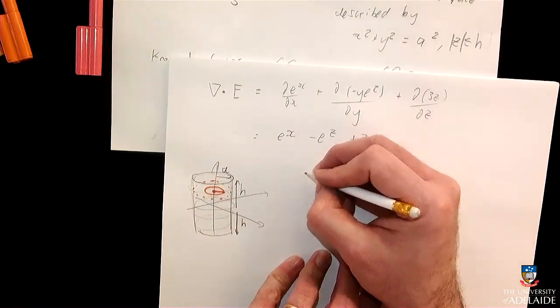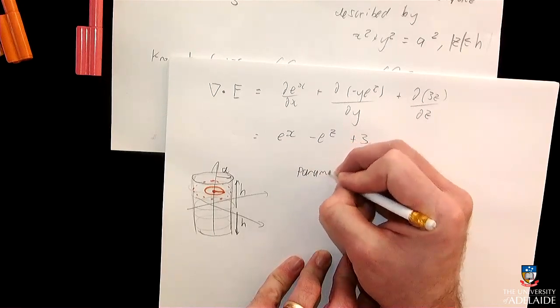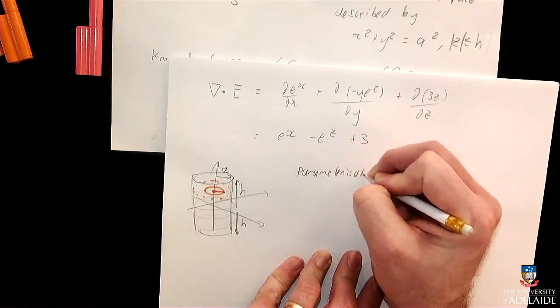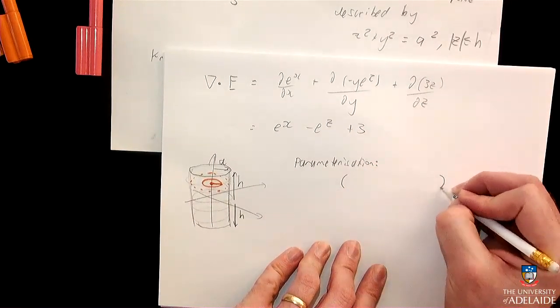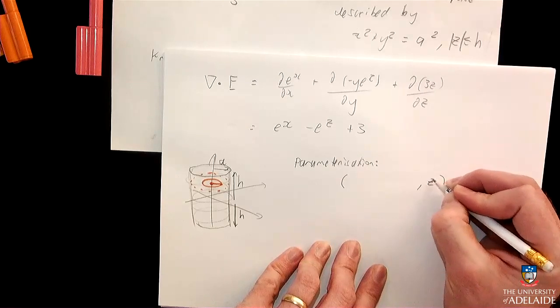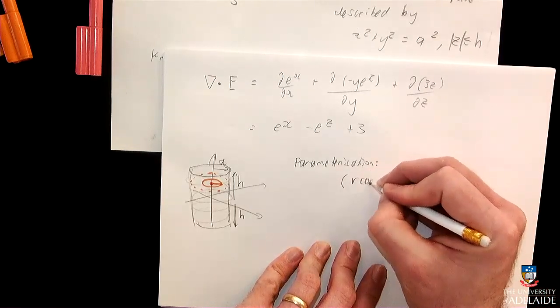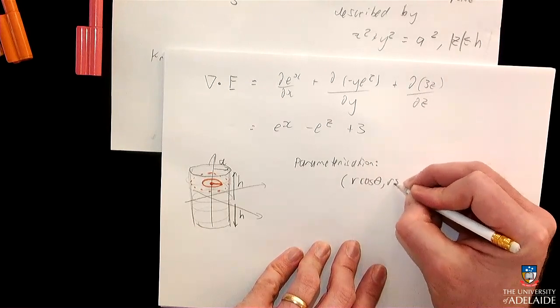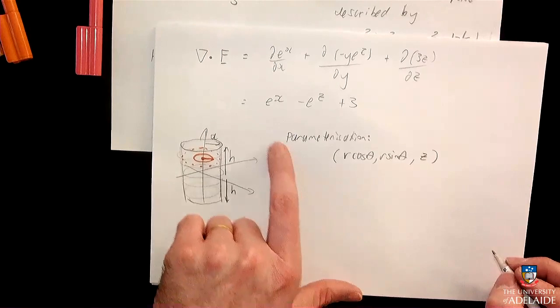So we have that we choose a z, then we choose an r, and we choose the circle of that radius. And the z goes from plus h to minus h.